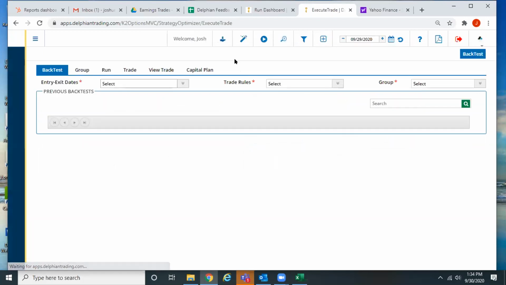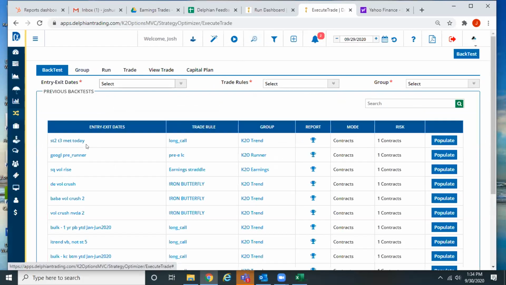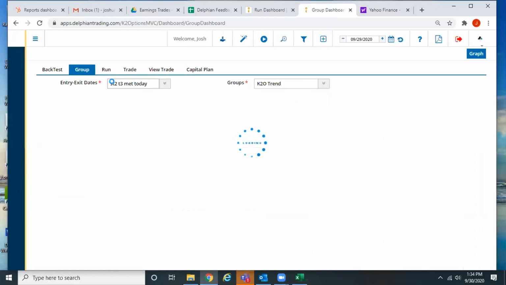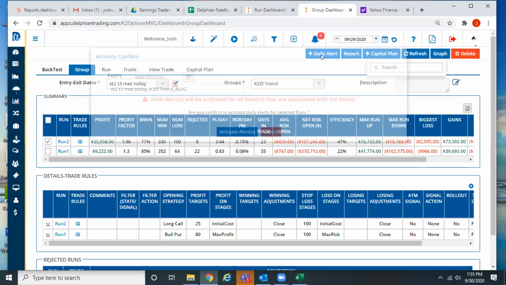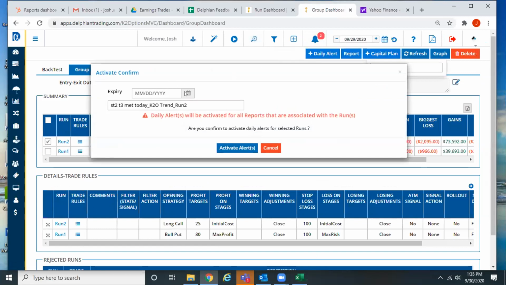So once we have that, we'll just go off this one because it's still processing. If this was that state 2, target 3 met today winners, once we ran that long call, then we'd just click over here and hit that daily alert. You don't really want to give it an expiration.